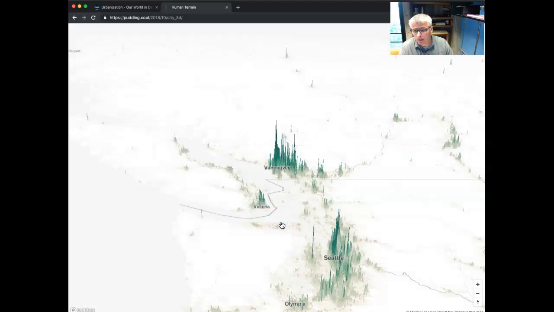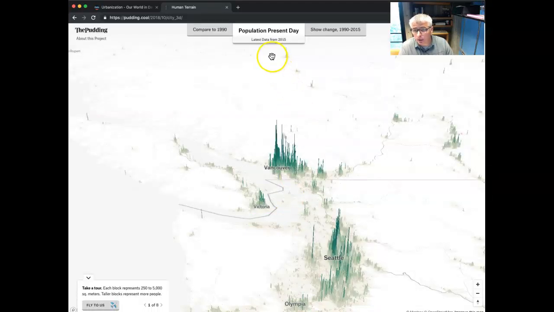So when you go to the website, it takes a second to load, and then you can view population. This is showing the present day population data from 2015. Each block represents people per square meter. Taller blocks represent more people, so it's a metric of density.